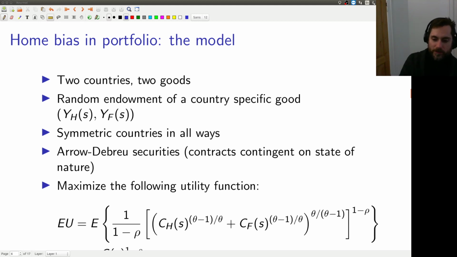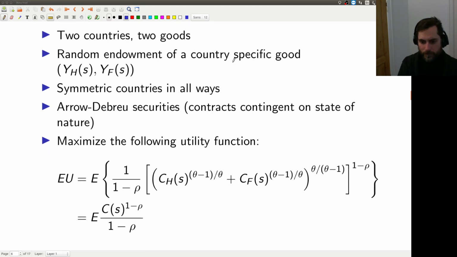We're going to assume that these consumers are maximizing. The way I've written this, we're going to use the notation that we were using last time. So this is home consumption because there's no star. This is the utility function for home, although there would be a symmetric one for foreign with stars on it. What we're assuming is that consumers are going to have this CES inner bundle of home and foreign goods.